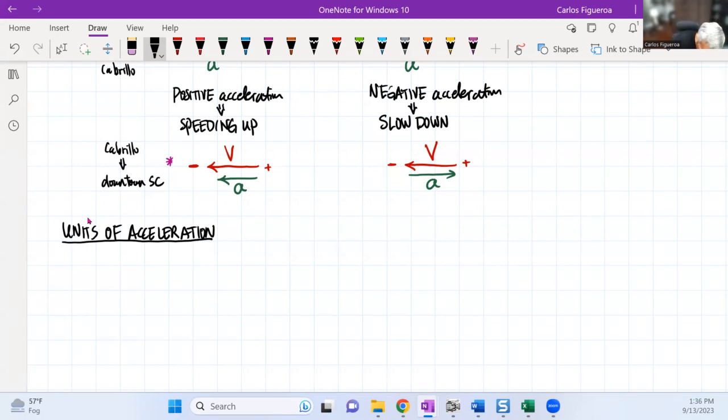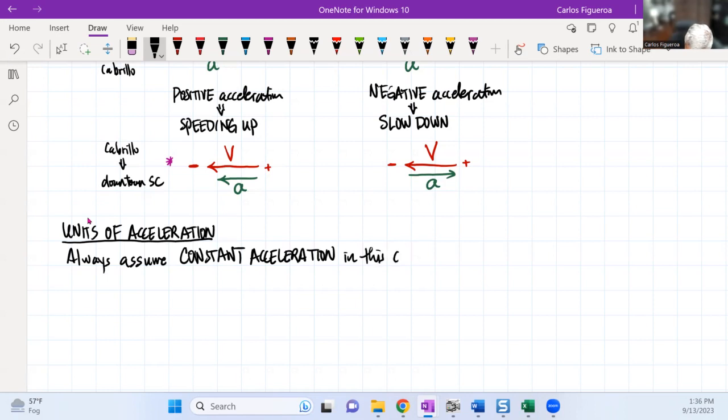We always assume constant acceleration in this course. If you do not have constant acceleration, then you must use differential equations, Math 7, to solve these problems, which of course is beyond the scope of this course.